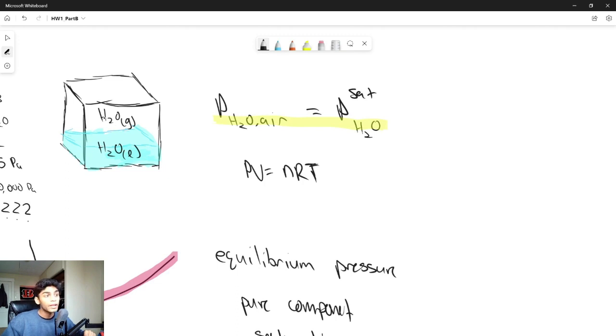So we are assuming that air is also part of the system. For this, we can derive that pressure is equal to nRT over V, which is a lot more simple, but it'll be necessary.